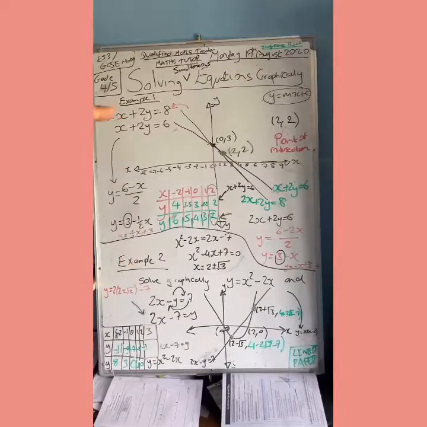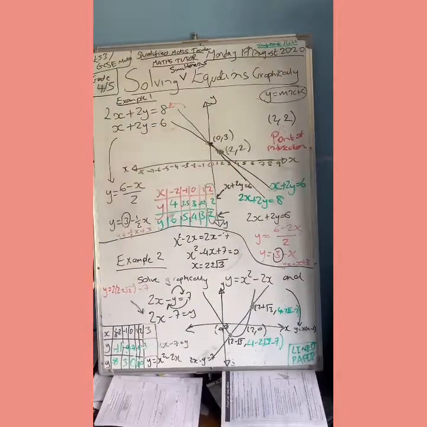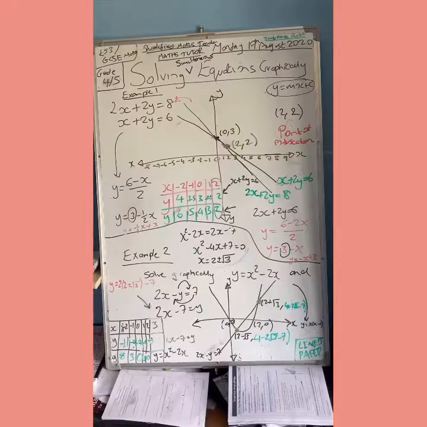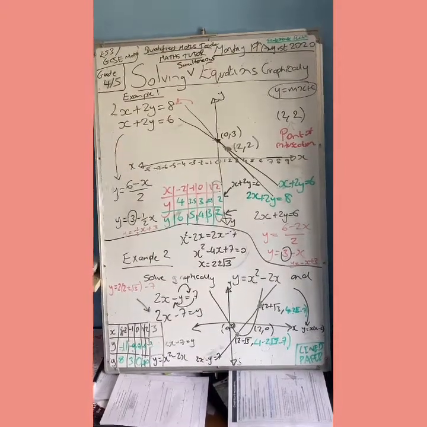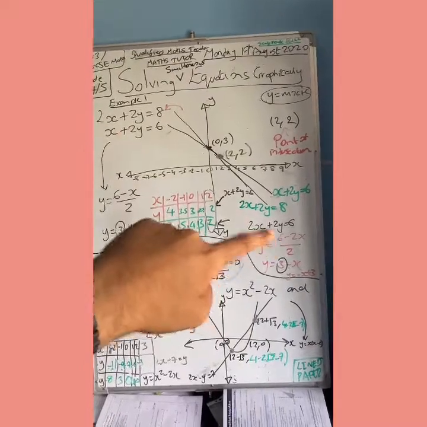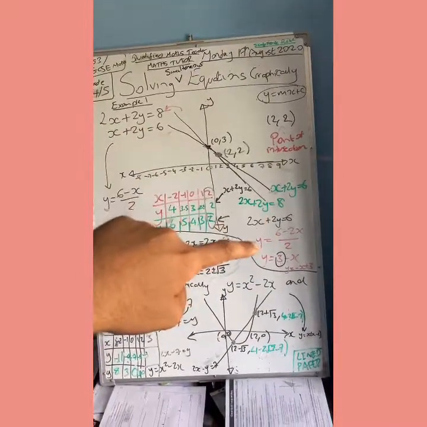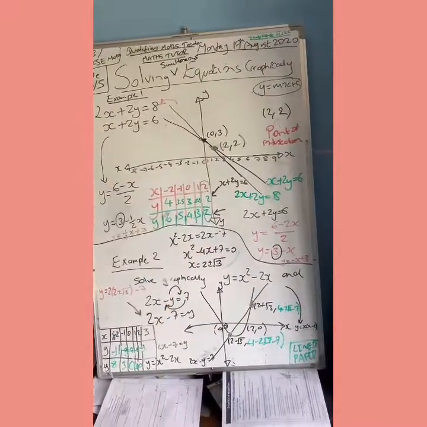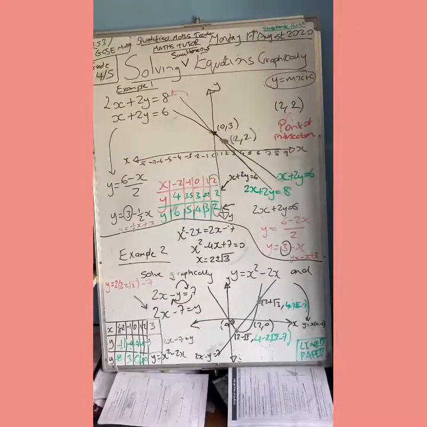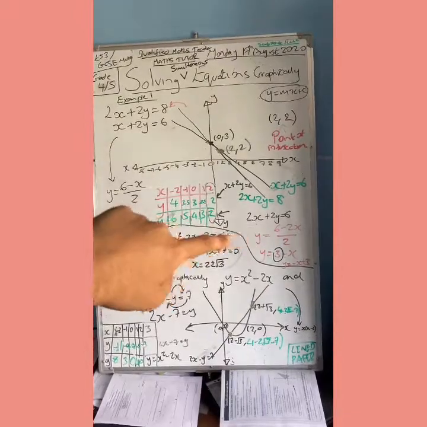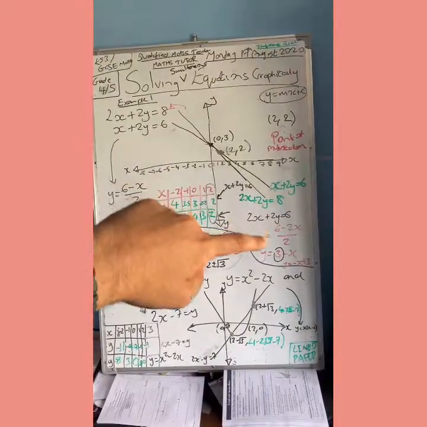And then my second one, 2x plus 2y is equal to 8. I've made a mistake here. For some reason, I've put 6 here and not 8, sorry. Rearranging it, I should get y is equal to 4 minus x, not 3 minus x. When I rearrange it, I subtract 2x on both sides and then divide by 2.